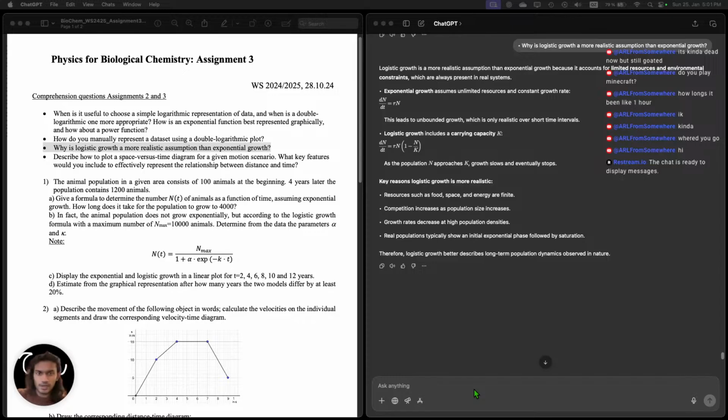Can you show me an example? Also, how is this involved here?